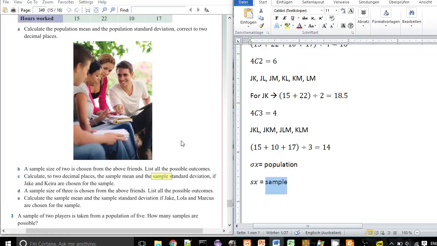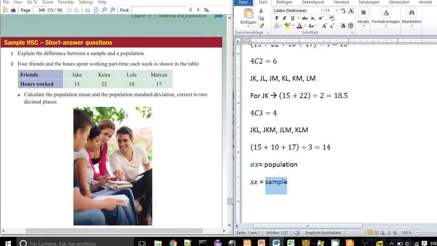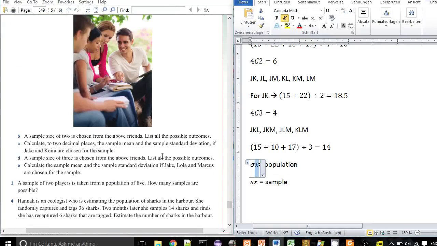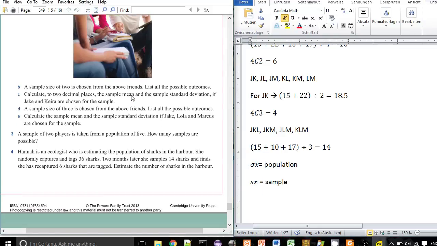To be honest, I think this is a really stupid example, because this is not a population, this is just 4 people randomly. You can't call them a population, it's silly. But it does say population standard deviation. So for the first one, make sure it's this one. But for the next ones, it's a sample. Make sure it's SX. It's meant to work a bit differently. Alright.